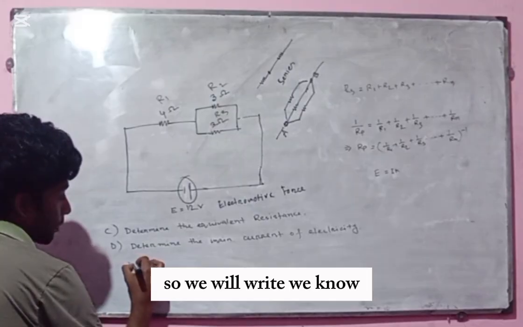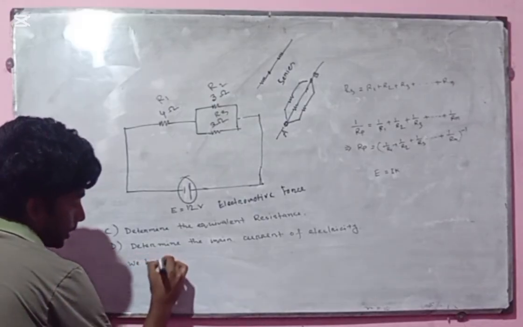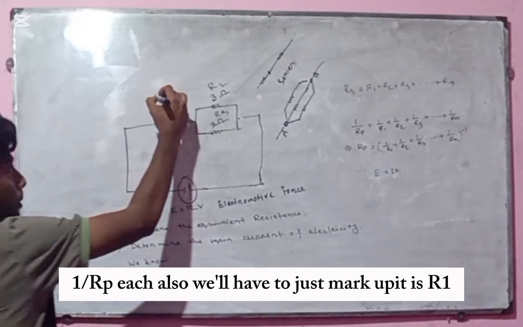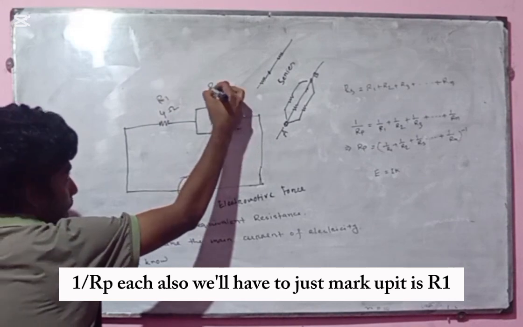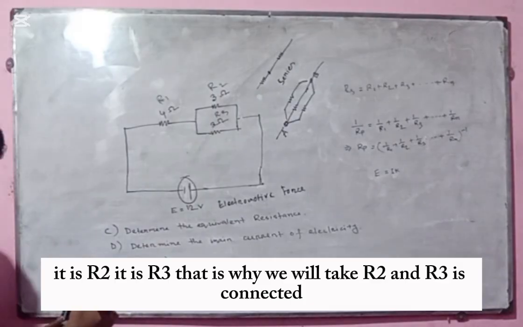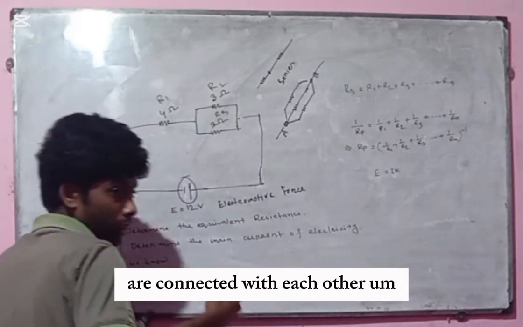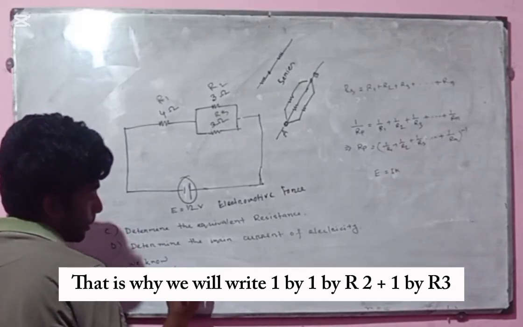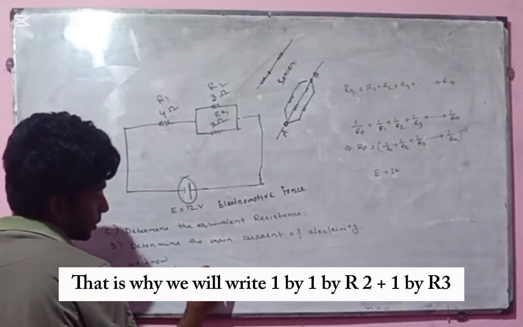So we will write, we know 1 by RP equals 1 by R1 plus 1 by R2 plus 1 by R3. R2 and R3 are connected with each other in parallel. That is why we will write 1 by R2 plus 1 by R3.